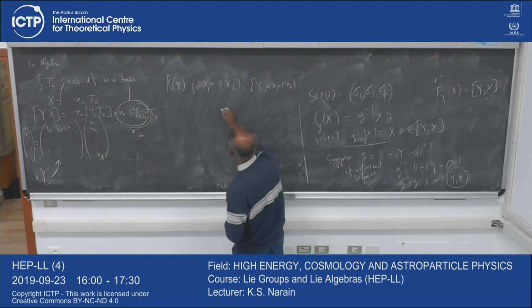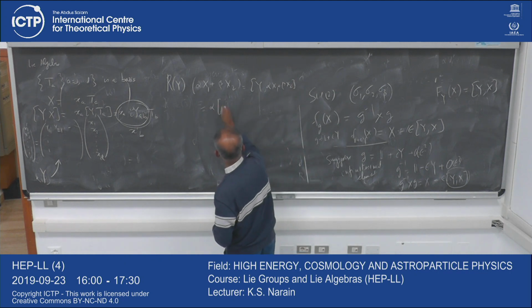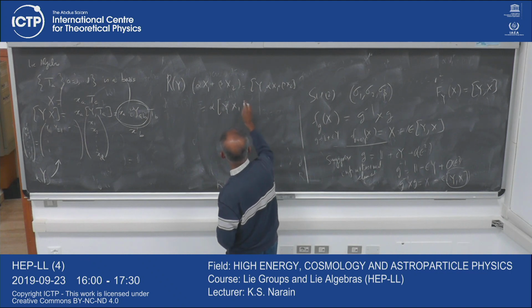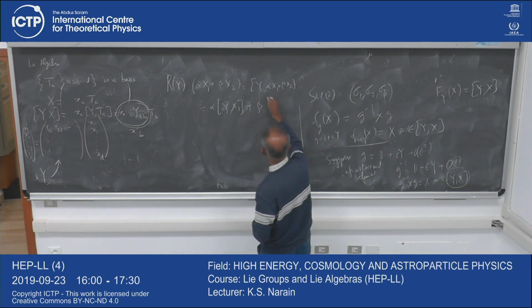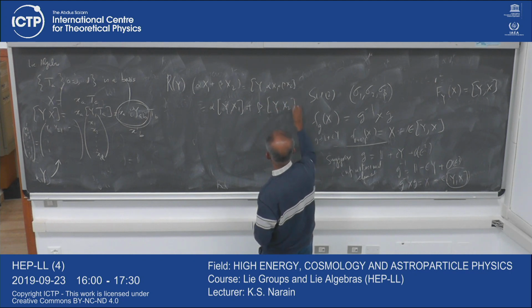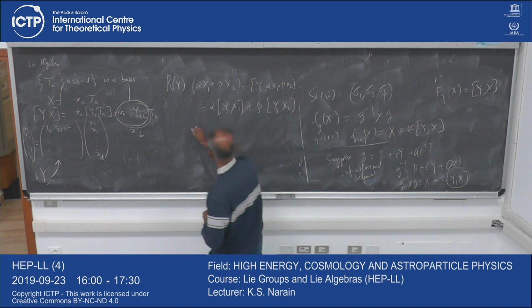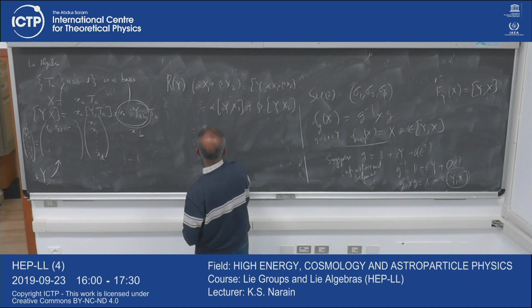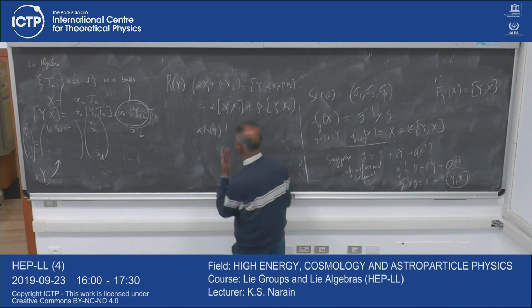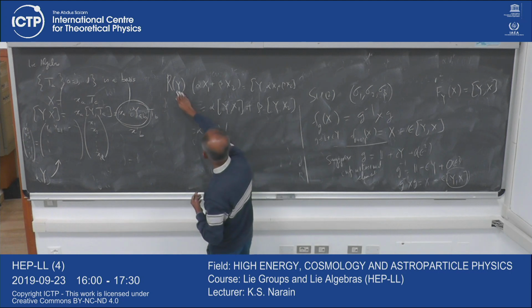But this is the same as alpha yx1 plus beta yx2, right? But that's the same as alpha times R_y of x1 plus beta R_y of x2. Is this symbol confusing?